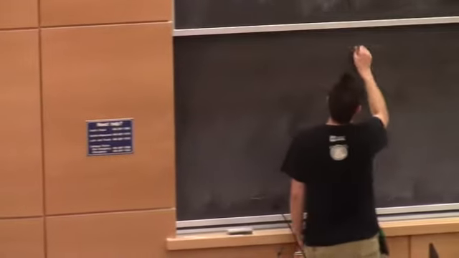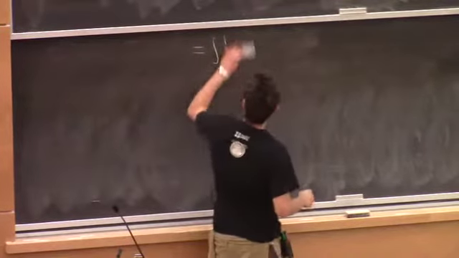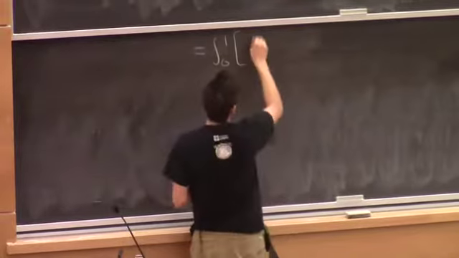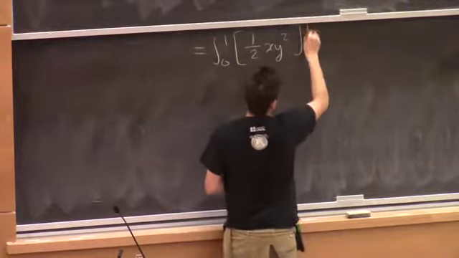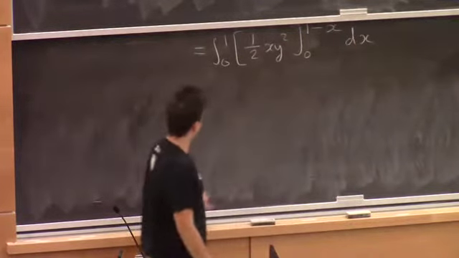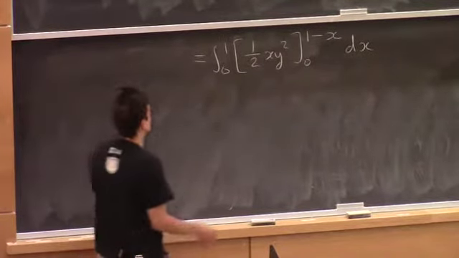Okay, so let's calculate this thing out. So we take the antiderivative of the guy inside. We get here, substituting in our bounds.